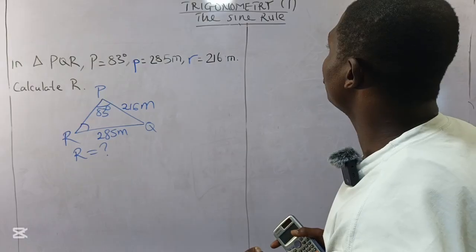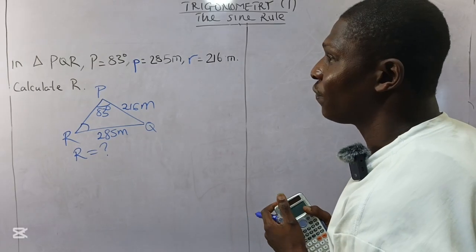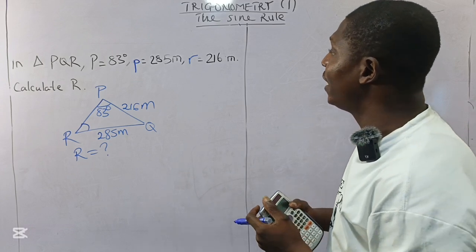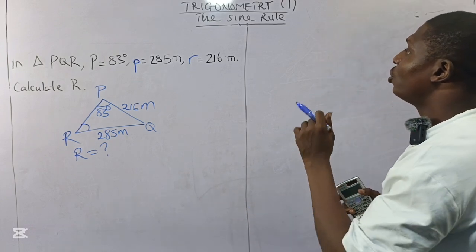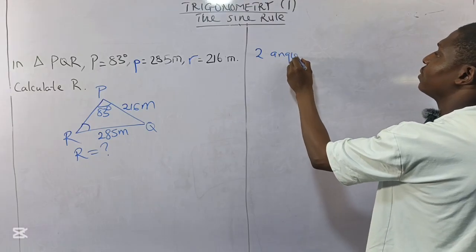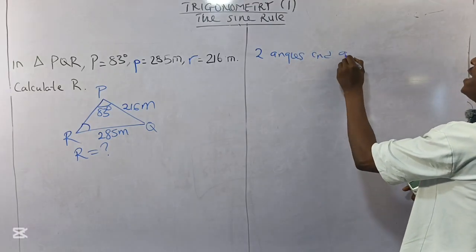Remember, the sine rule is used for a triangle in which none of the angles is 90 degrees. For it, we need two angles and any side.